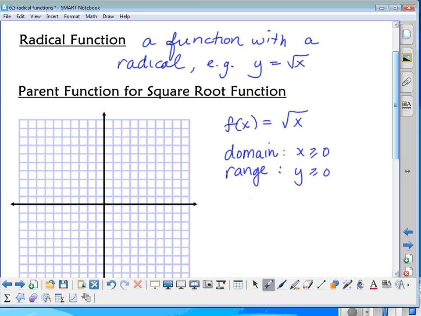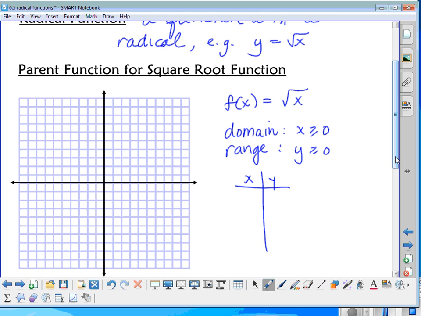So I can just make myself a little table and graph it. And I'm just going to pick perfect squares to put in for my input so that I can get easy numbers to work with. You can use any number, but since we're not using calculators, it's easier to just stick with perfect squares. So 0, 1, 4, and 9. So the square root of 0 is 0.